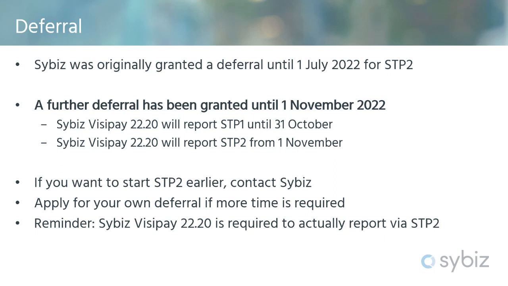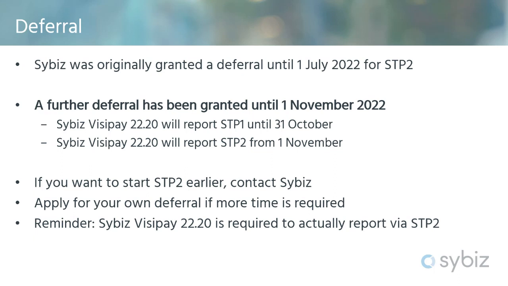And previously we had mentioned that one of the reasons we chose the 1st of July is that we weren't a big fan of a mid-year transition, just because it does have the potential to cause confusion. We've done some additional work behind the scenes to make that less of an issue when you transition across. So we've had to do some work because of the ATO asking us to use this deferral.